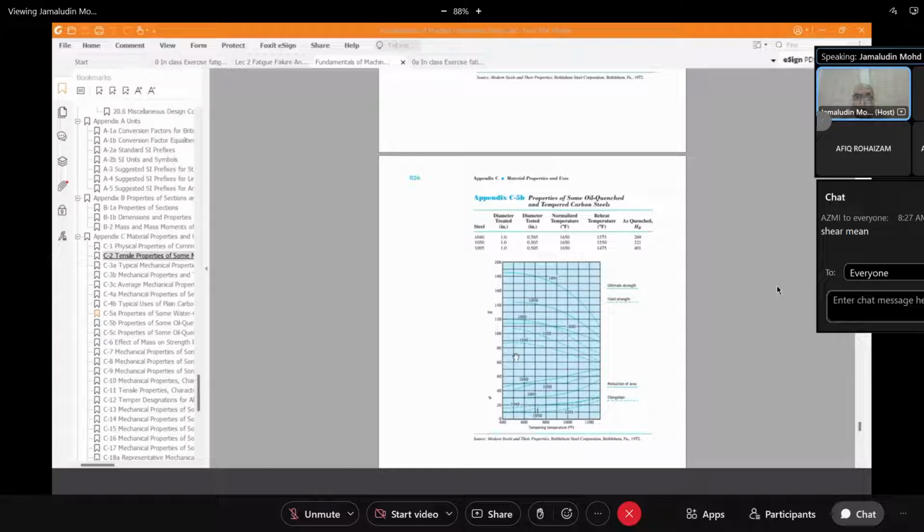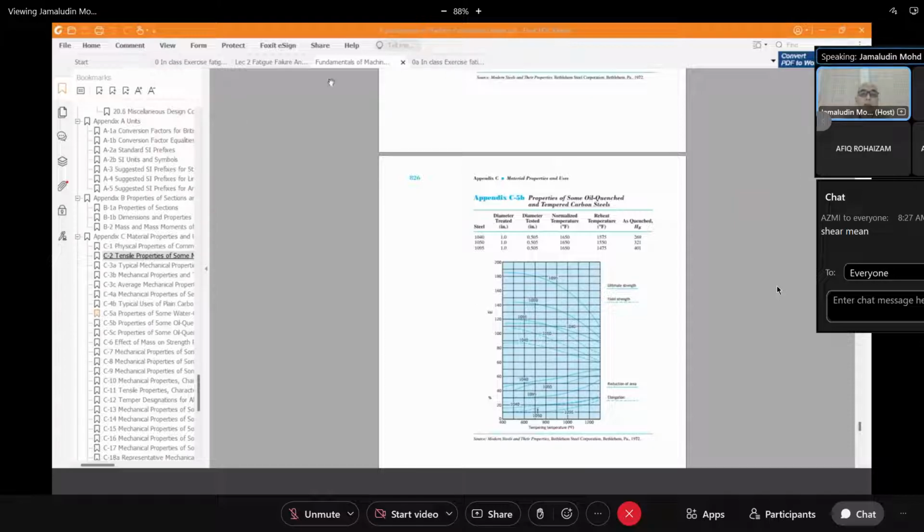Be careful, there are many other tables you can look at. Beware of the possibility of different types of carbon steel, with different types of heat treatment or process. You have to look back at the table in the appendix.